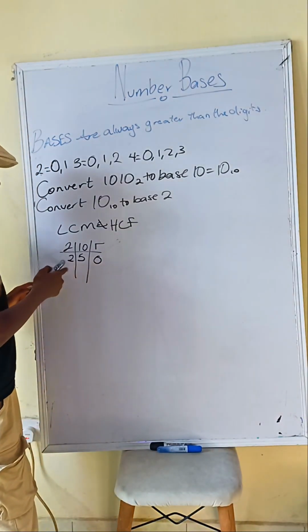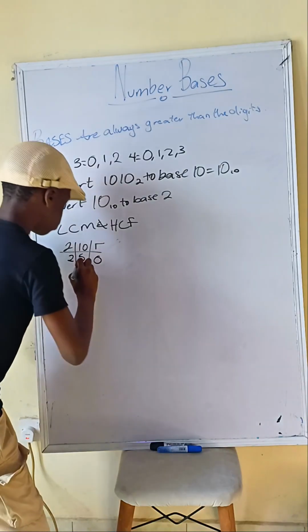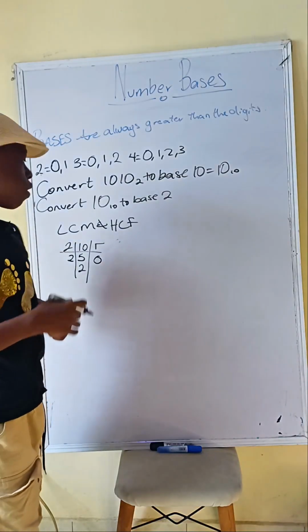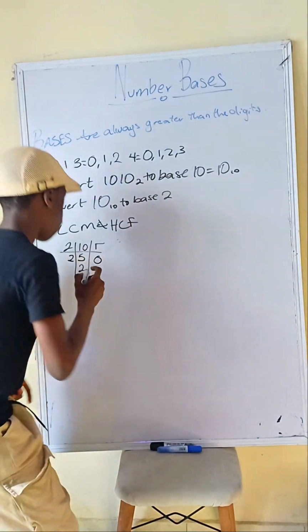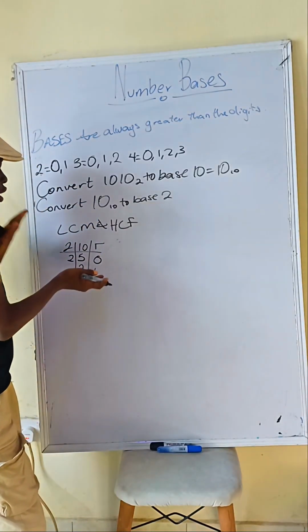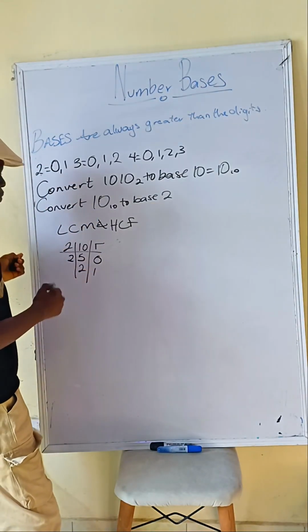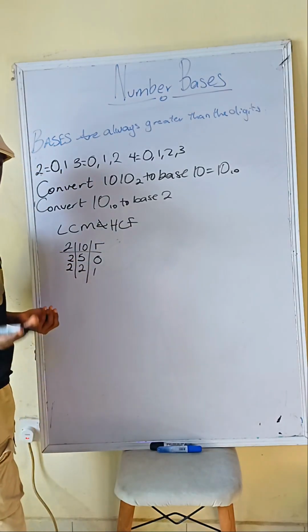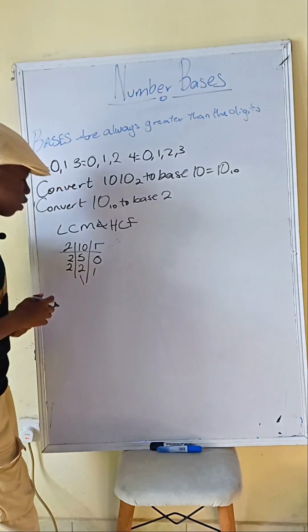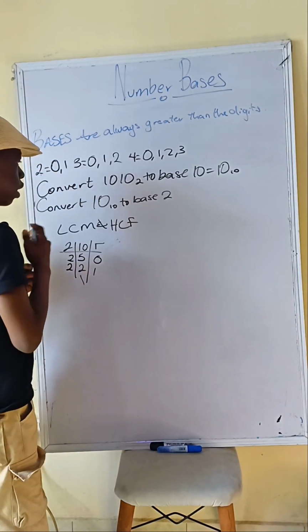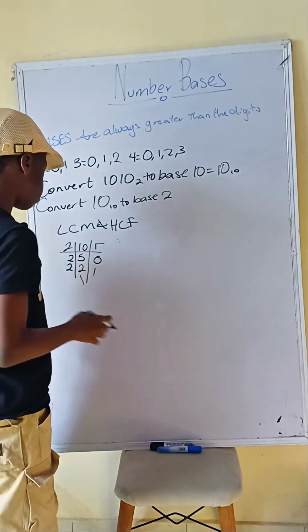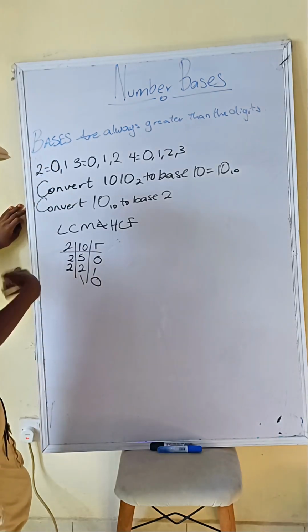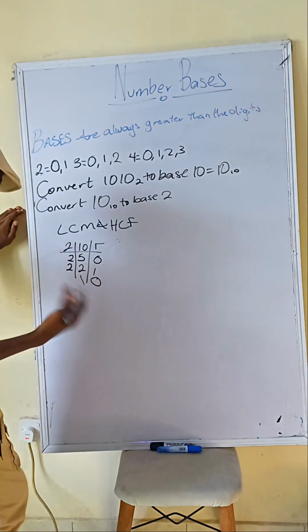So 5 divided by 2, 2. 2 times 2, 4. 5 minus 4, 1, because it has a remainder. So 1. 2 divided by 2 is 1. Remainder 0, because 2 times 1 is 2.